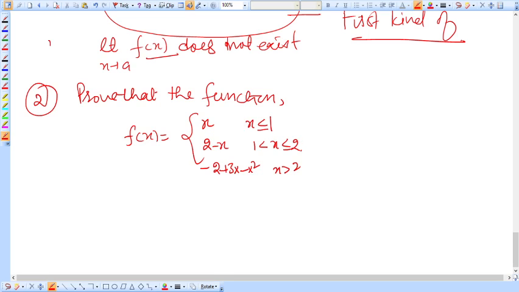Prove that this function is continuous at x is equal to 1 and x is equal to 2.